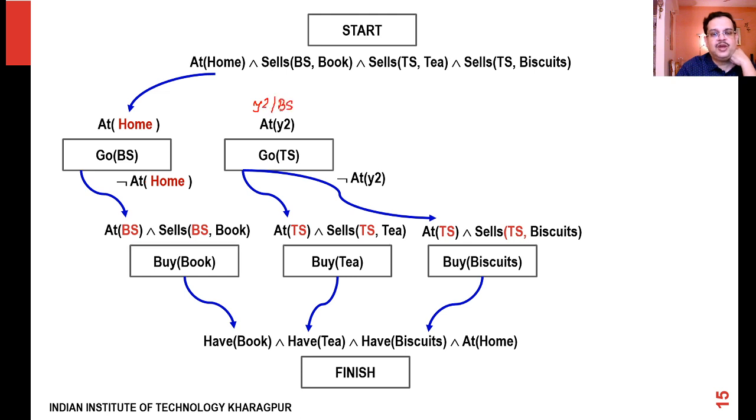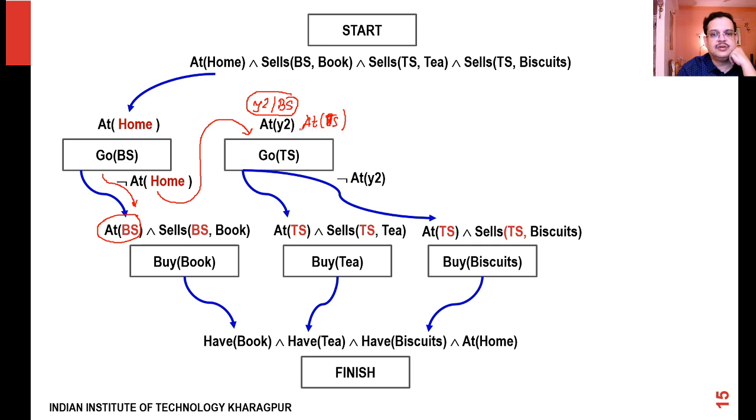Now if I replace y2 with bs, then I know that go bs has the effect of add bs. So add bs is a consequent of the go bs action. So now I know that because this go bs produces the add bs, I can then do this after this. So if I do that, then I already have y2 substituted by bs to get at TS here.